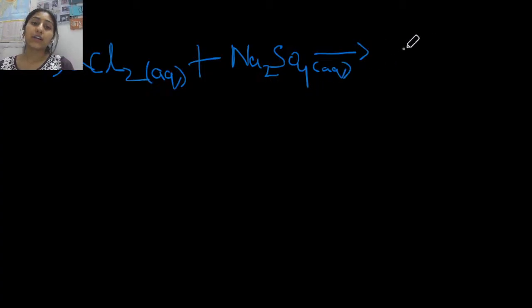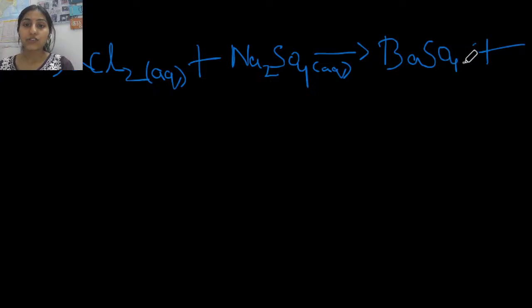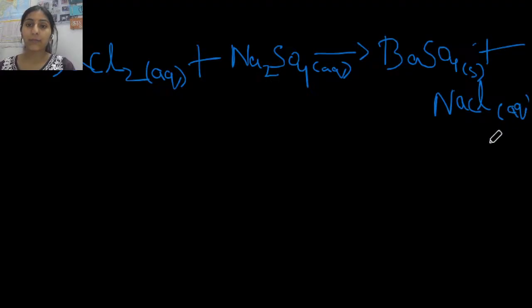They are reacting to form barium sulfate, BaSO4, plus NaCl. The barium sulfate is solid because it was mentioned insoluble, plus sodium chloride, which is again aqueous, right?